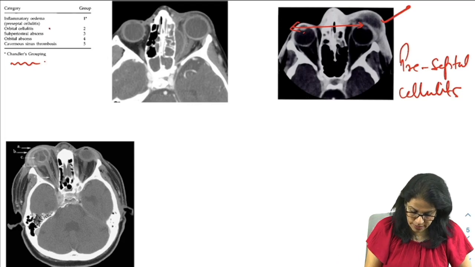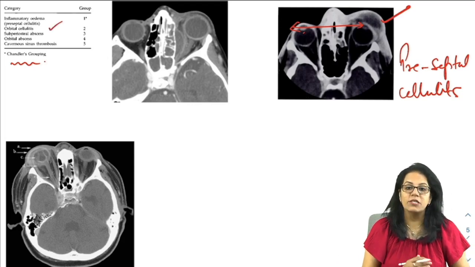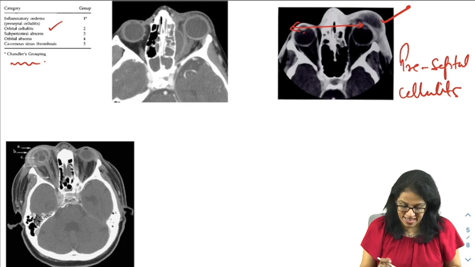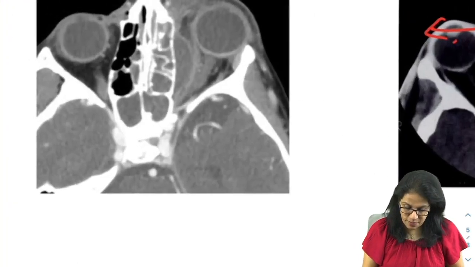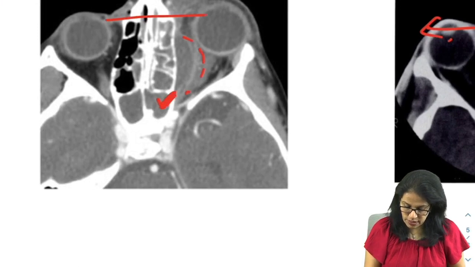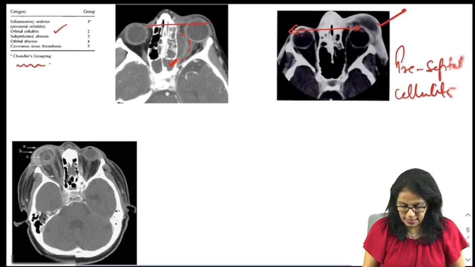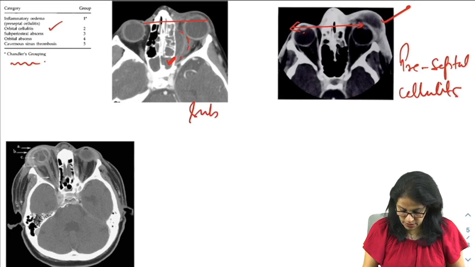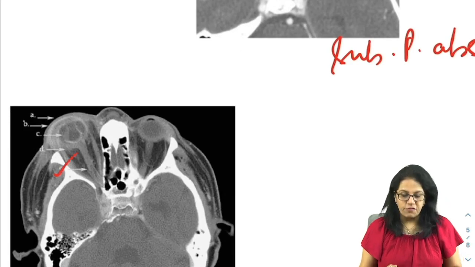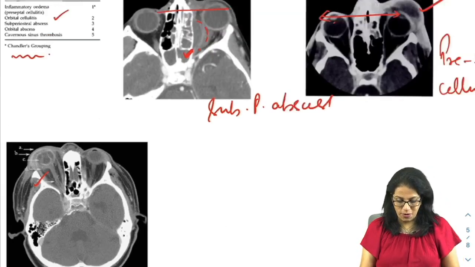Either it goes to orbital cellulitis or there is a subperiosteal abscess. That will depend upon the picture that was given to you. Subperiosteal abscess would look something like this, right? So if suppose there is proptosis here, then this one is your subperiosteal abscess, and if the picture was something like this where the orbit is involved, there's thickening of the fascia lining, then this is your orbital cellulitis.